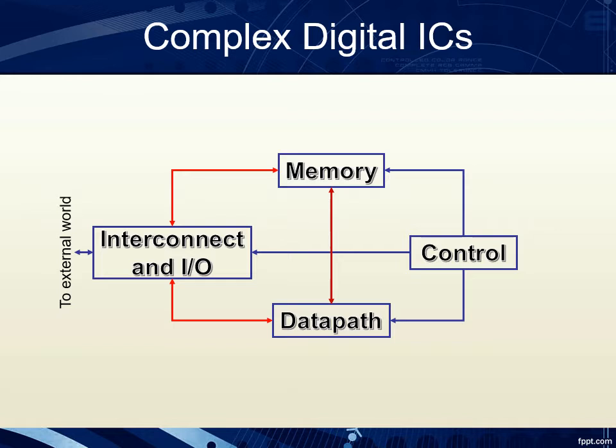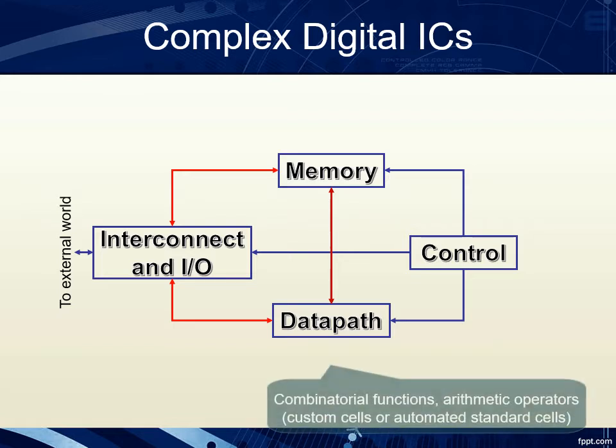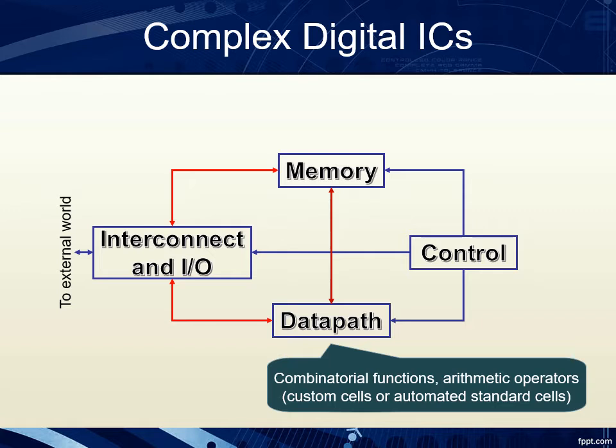All of these different blocks have different types of circuit. In the data path, where the combinatorial functions and arithmetic operators are done, we typically require custom cells, which means digital blocks that are designed on purpose to work on the data path module.